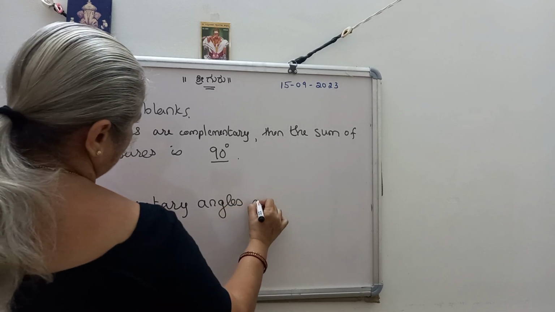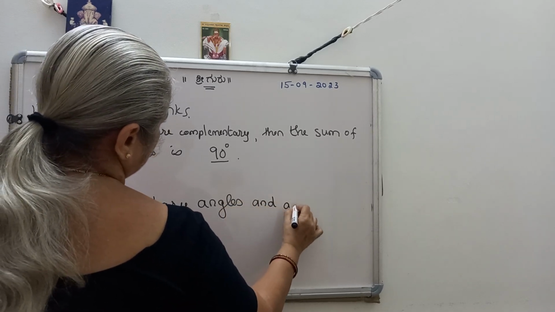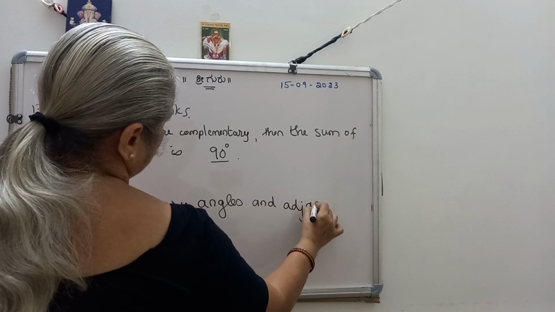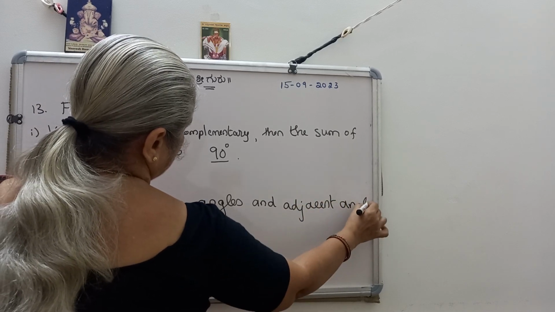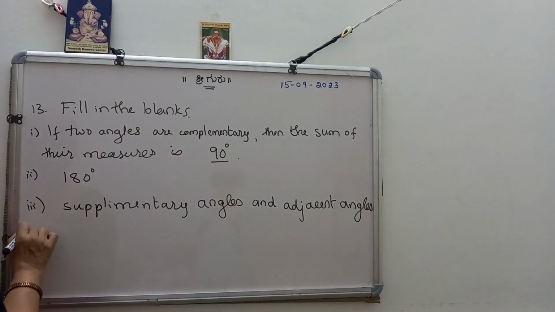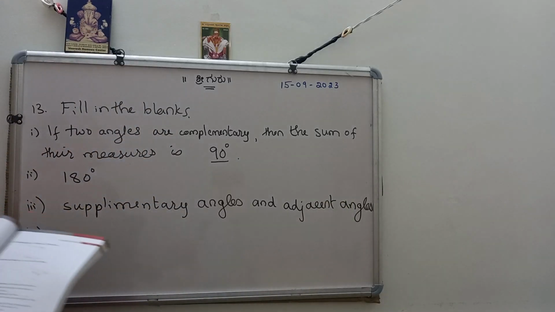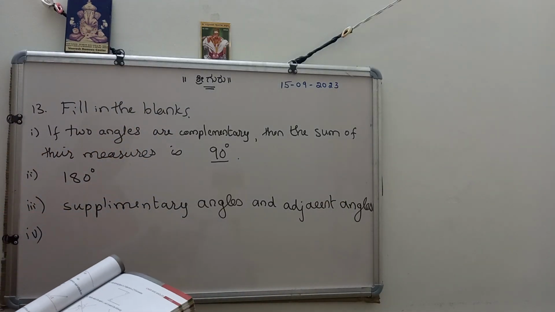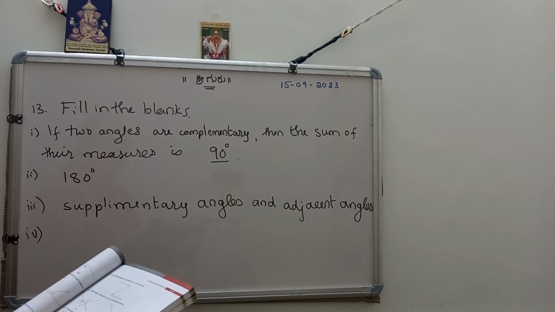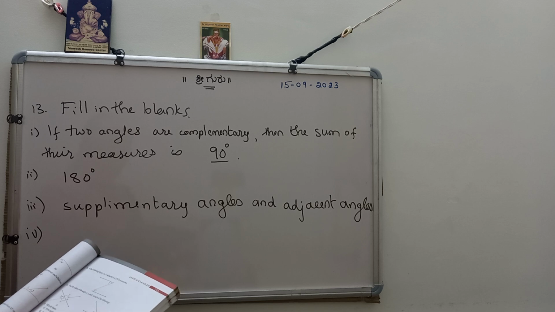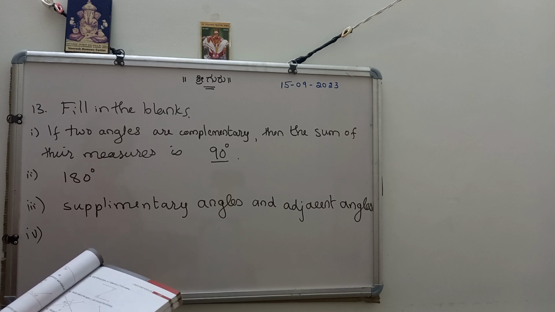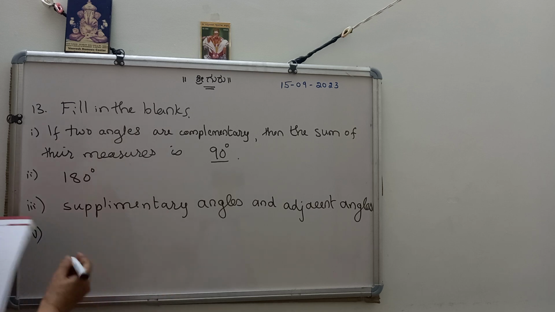And adjacent angles. Linear pair always are adjacent and supplementary angles. If two adjacent angles are supplementary, they form a linear pair.